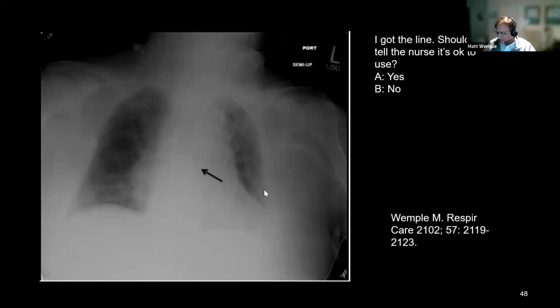All right, this is sort of hard to see. I apologize, but we're going into the central line world now.